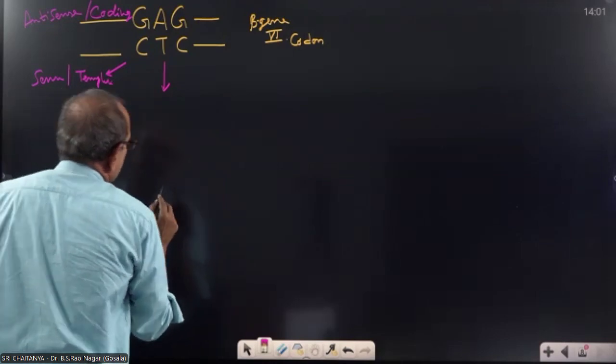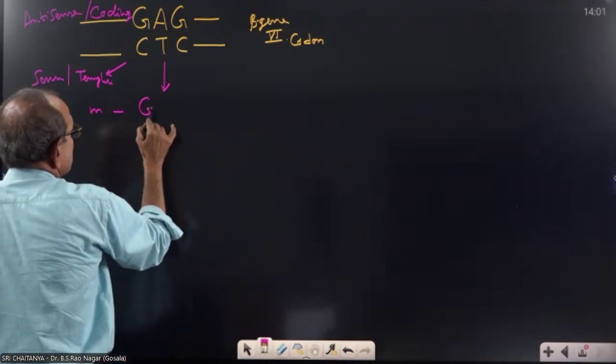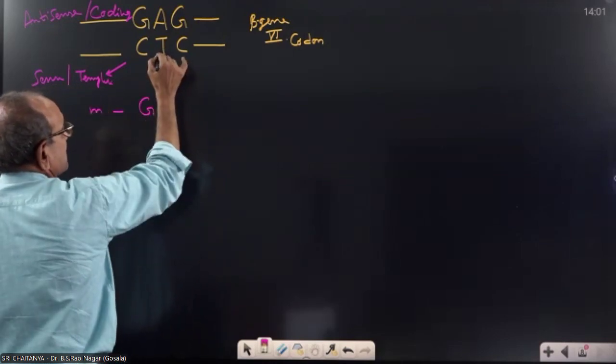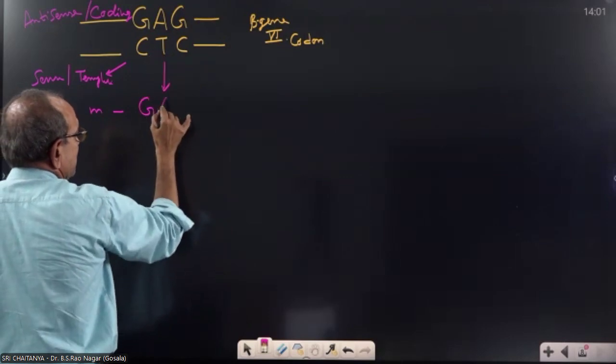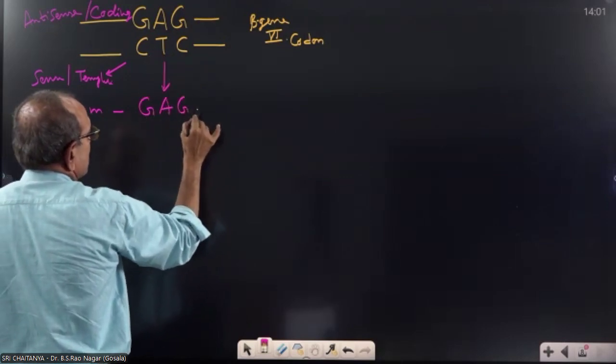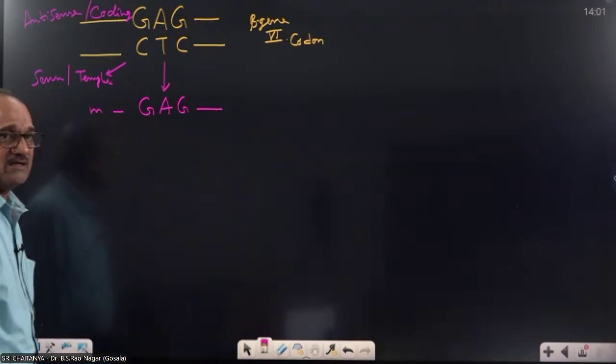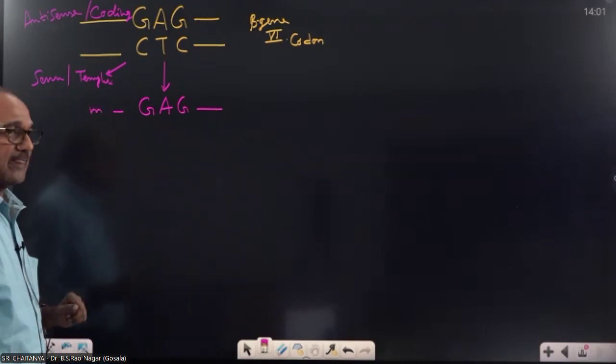This part of mRNA codes for G, then T means A, again G. GAG is the triplet on mRNA.